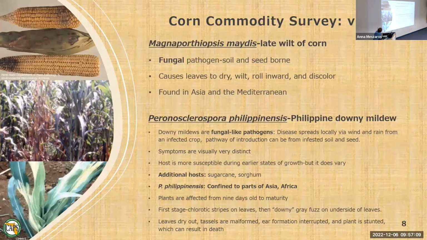The other visual survey, for corn commodity, is for a species that is basically a fungal pathogen. And every time we go to the field, we try to walk around the crop, and we look for different signs. When we see something different, we take the sample and send it to Gainesville.